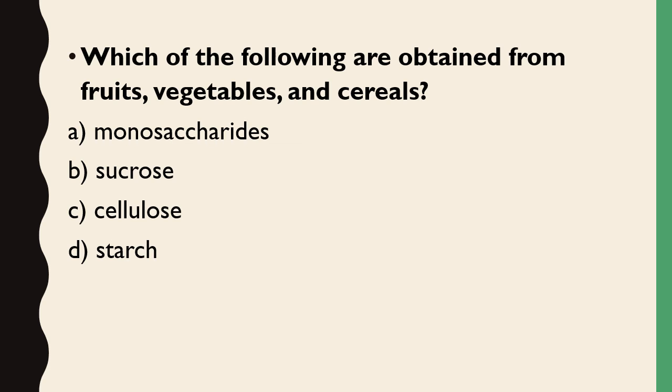Sucrose is also sugar. Starch, you will get from some vegetables, not so much fruit. So cellulose, remember cellulose is the framework of all fruits and vegetables and all materials, like how you're made. So cellulose you can get from fruits, vegetables, and cereals.